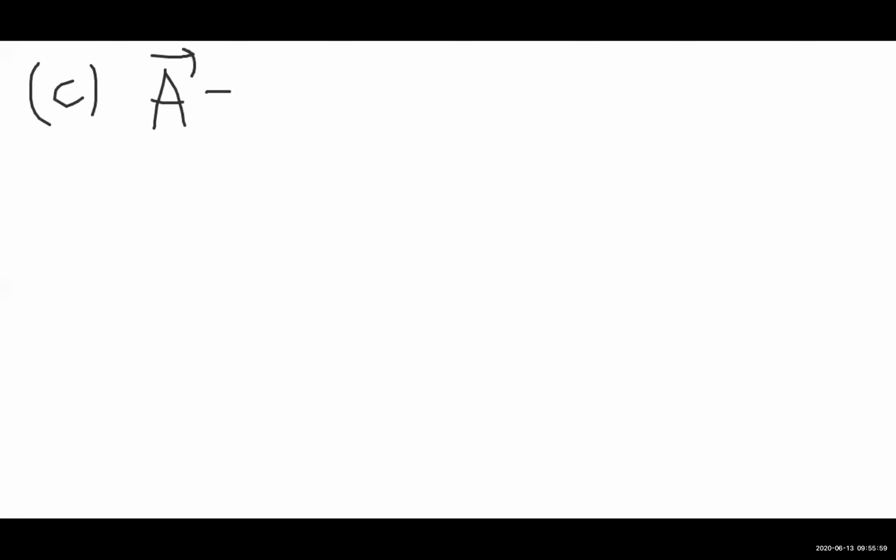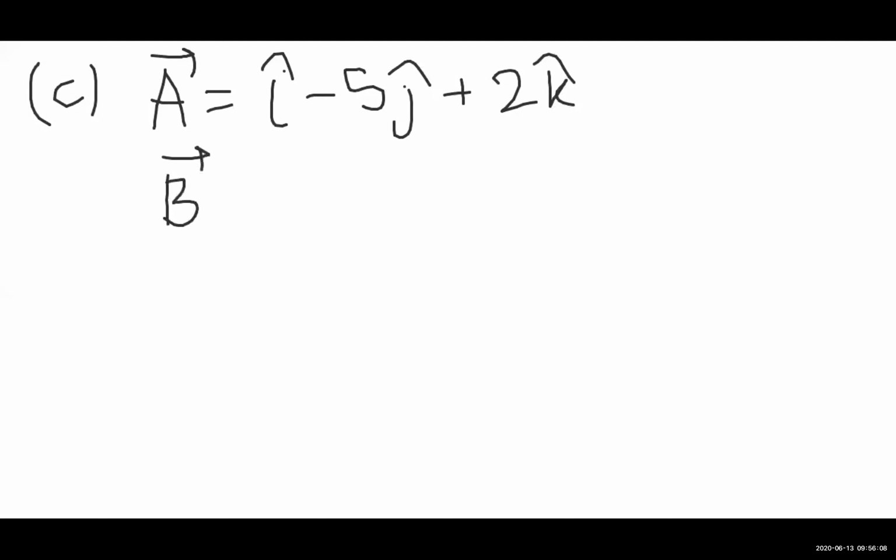A is equal to I cap minus 5j cap plus 2k cap. B is 3I cap plus j cap minus 4k cap.